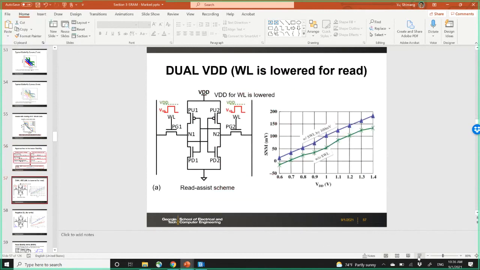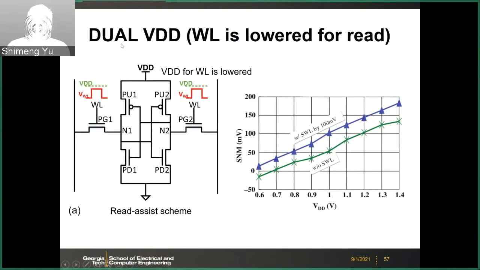So the first one is the dual VDD. Dual VDD is to have different power supply voltage for the VDD to the latch in the middle, or the wordline pulse voltage amplitude. So for the read operation, what you want is to lower down the power supply for the wordline voltage lower than the nominal VDD.